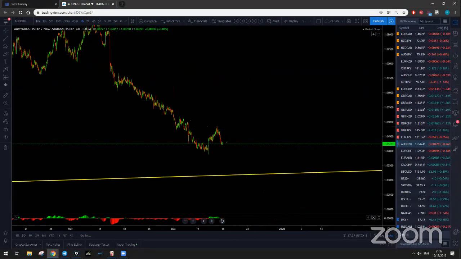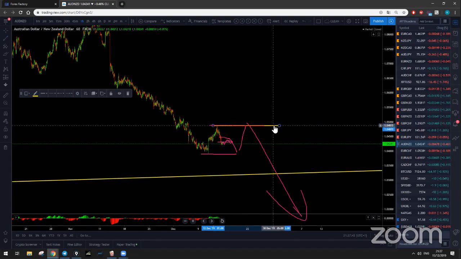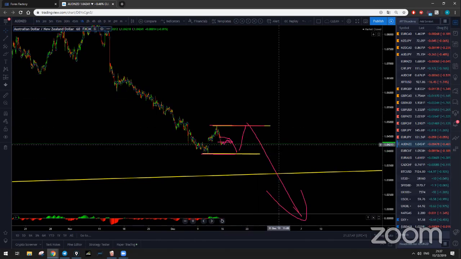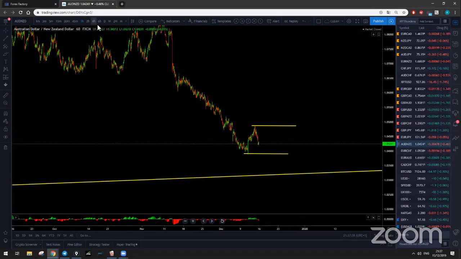I don't see it aggressively pushing lower. Let me draw what I anticipate, and I will not be a buyer over there. This is the pattern I will be anticipating before the price starts to push lower.